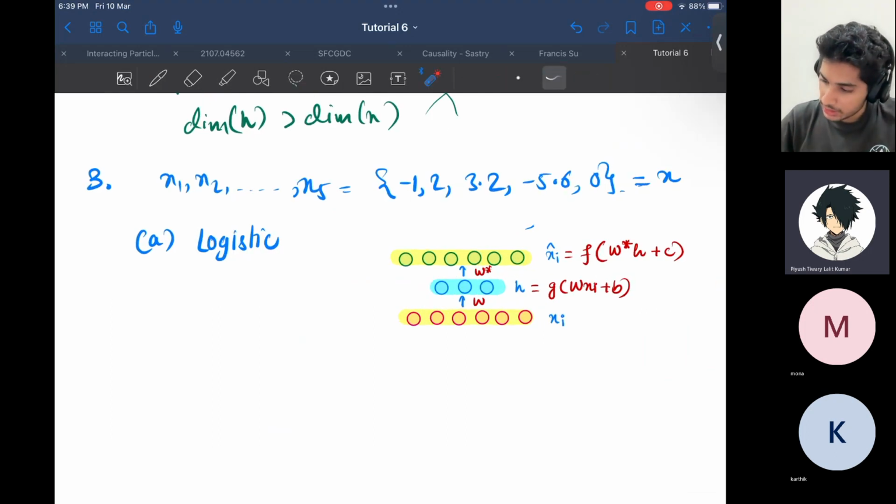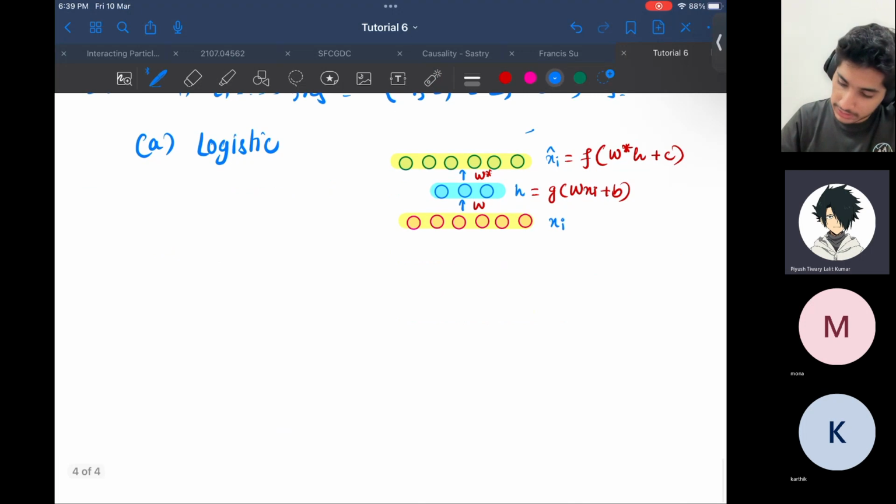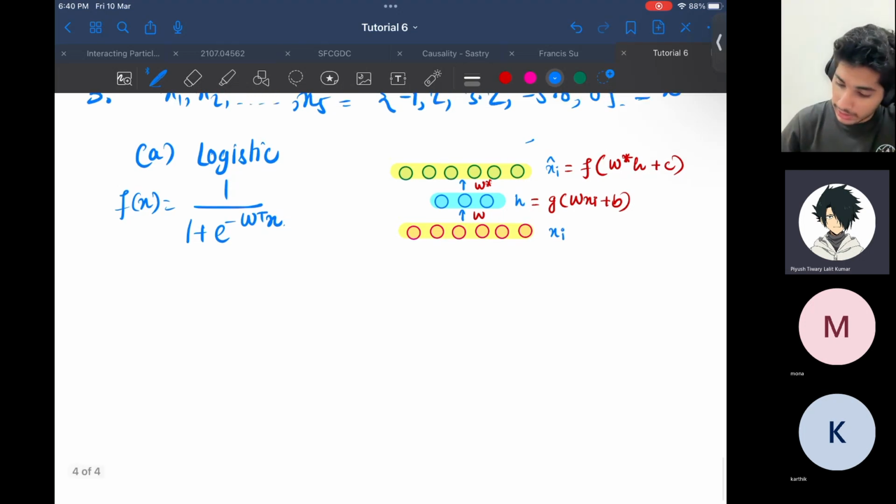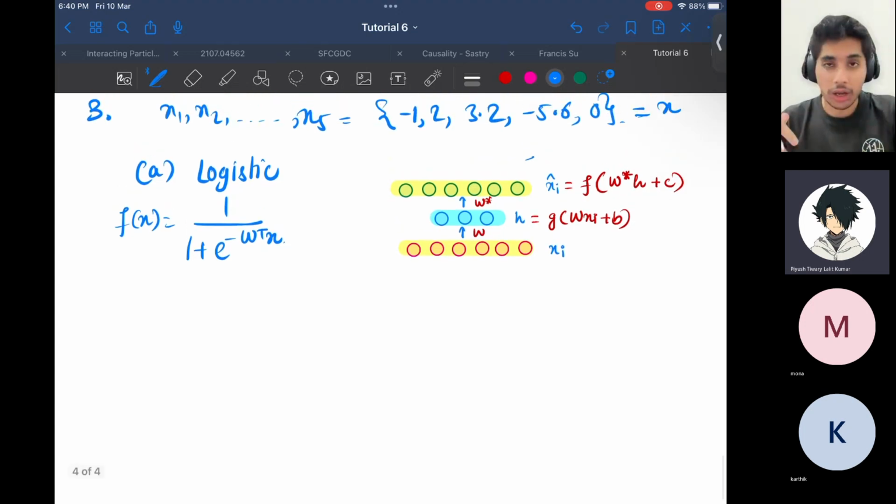So we are asked, what should be this function f? Remember the logistic function. What was the logistic function? f of x would be 1 upon 1 plus e raised to minus w transpose x, right?